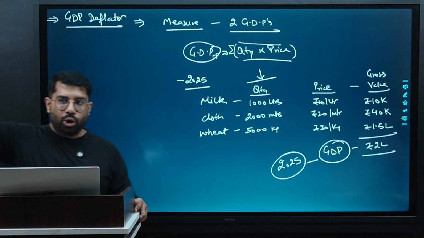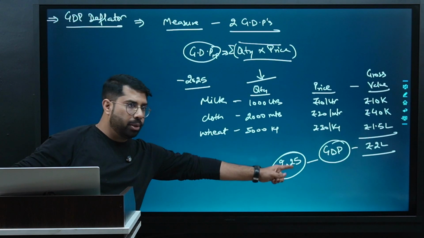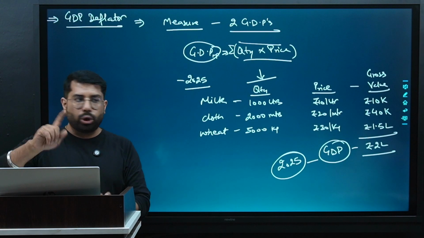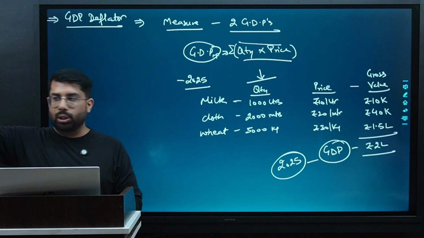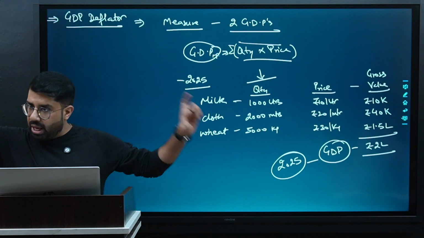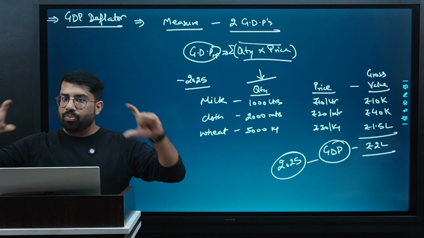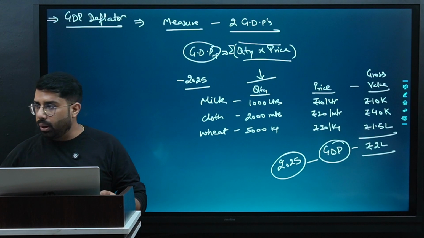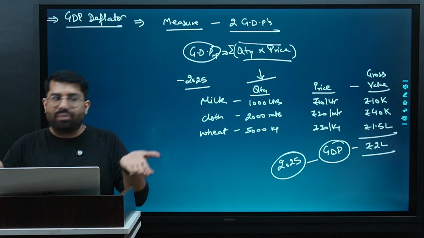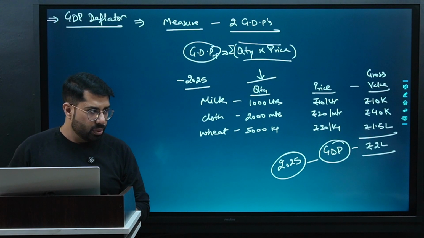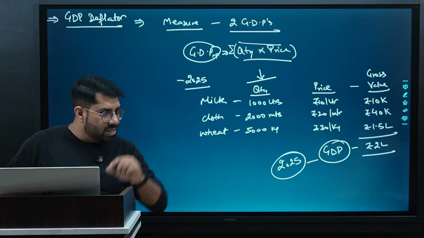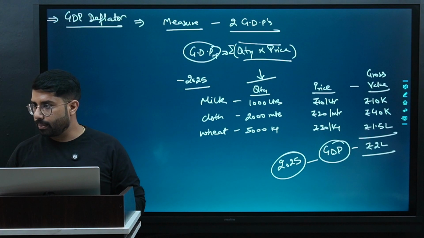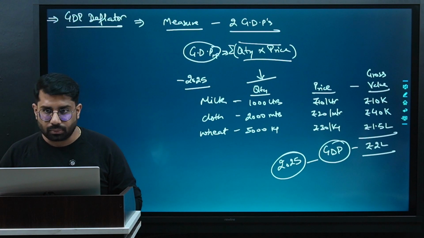That GDP, you will compare it with this GDP and you will get to know that this same quantity produced in 2020, this will be the value. Same quantity produced today, this is the value. Today's value is more than base year's value, it means prices have increased. Today's value less than the base year value, it means prices have decreased. Are we clear with this thing?